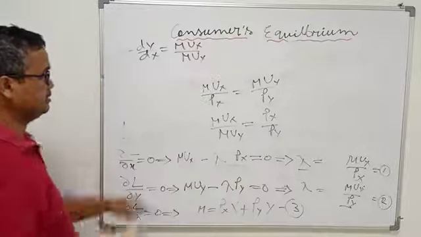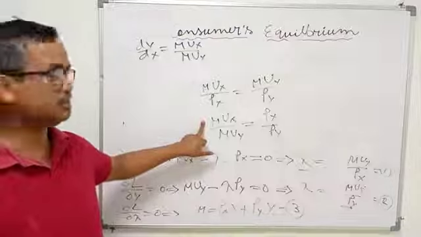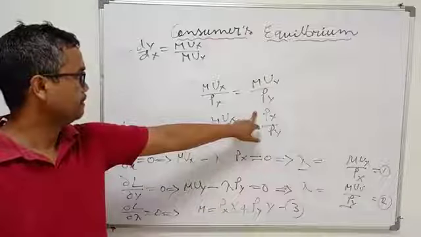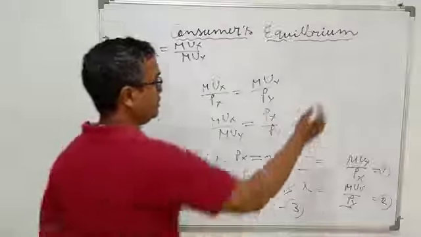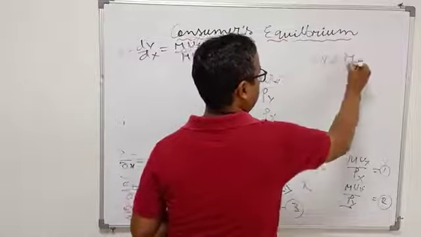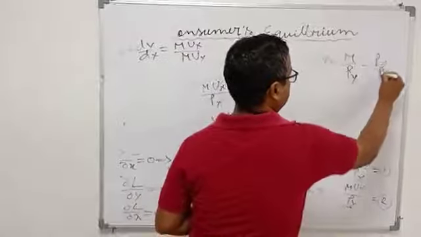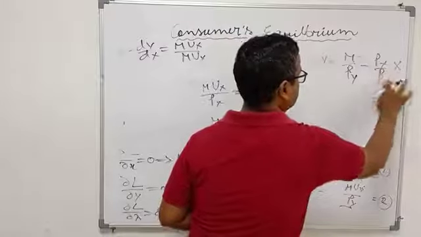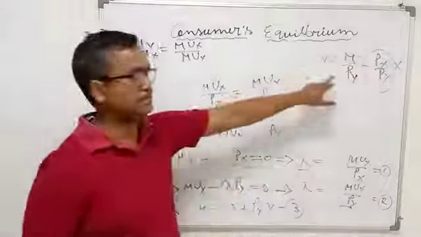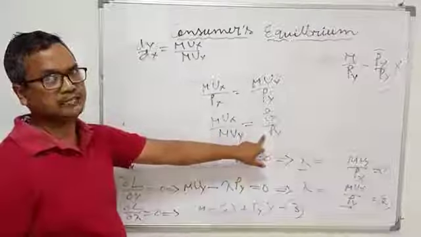Ultimately, again we are getting the ratio of marginal utilities of the two commodities. We have written Y equal to m by py minus px by py x. While deriving the budget line, this is the slope of the budget line.